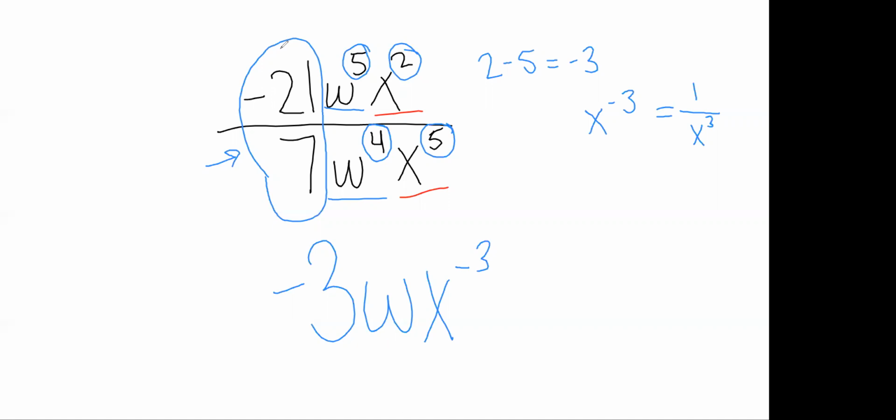So we're going to take this and bring it to the bottom, and that goes away. So this is our final answer, negative 3w over x to the 3rd.